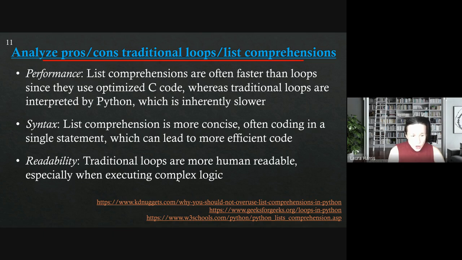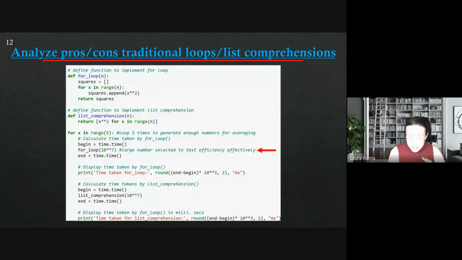Traditional loops are easier for humans to read, particularly when they're incorporating complex logic, such as a for loop within a for loop, or within a for loop and another for loop. You see where this is going. So here, we have to keep these in mind when we're analyzing which ones to use and when we should use them. So let's give an example.